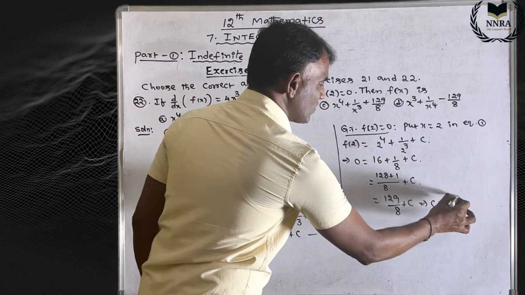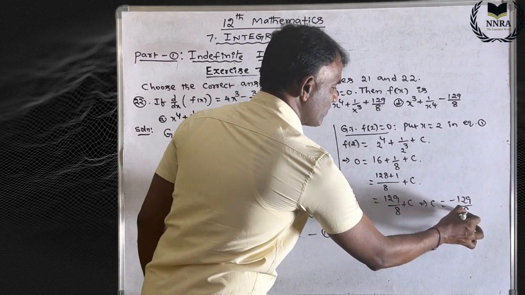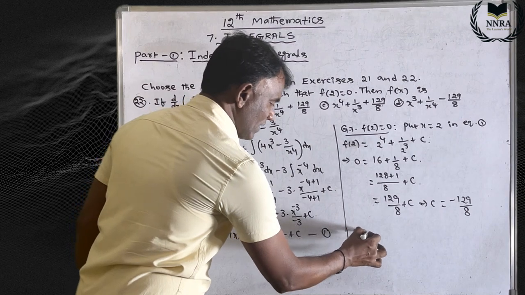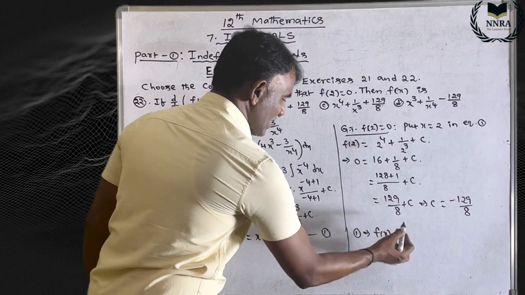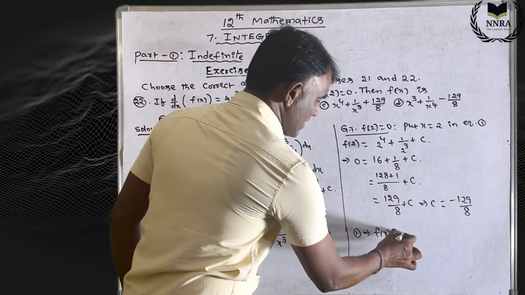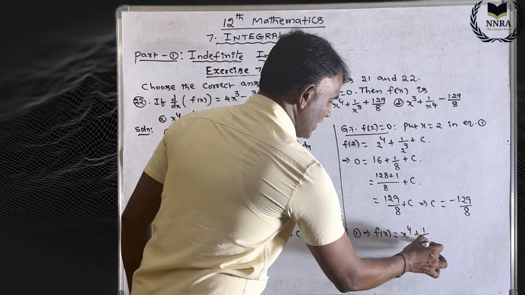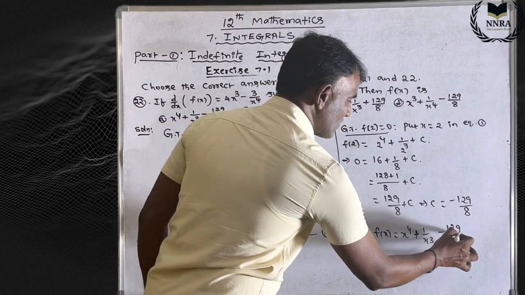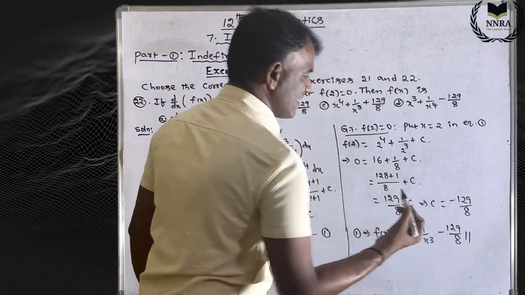So c equals minus 129 divided by 8. Now substitute the c value in equation number 1. So f of x equals, the first term is x power 4, and 1 by x cube, and then the c value is minus 129 divided by 8. That is the answer.